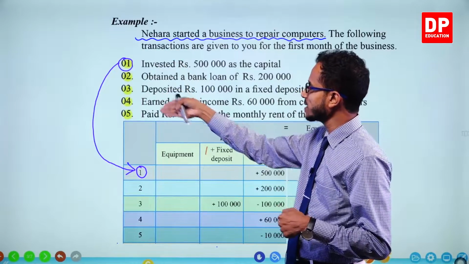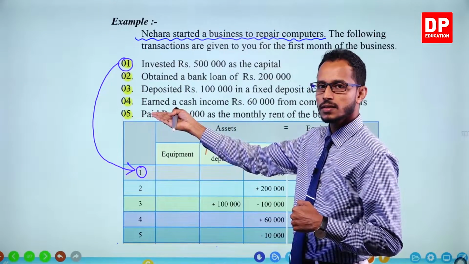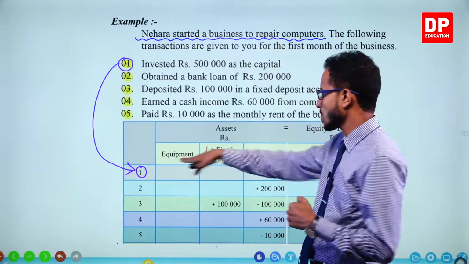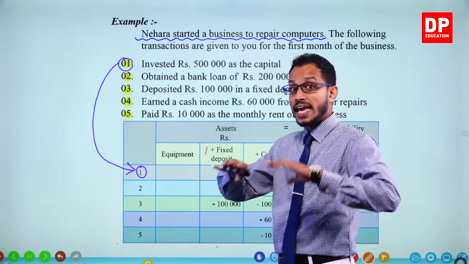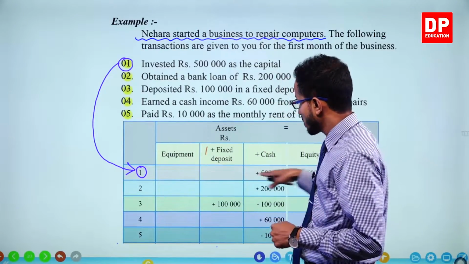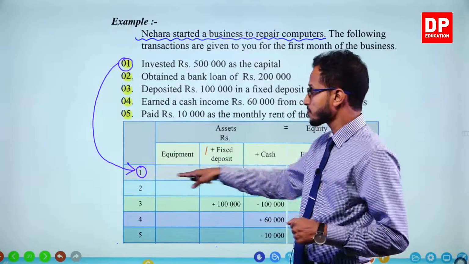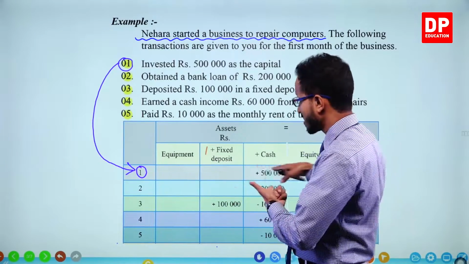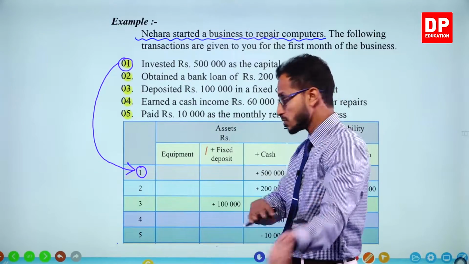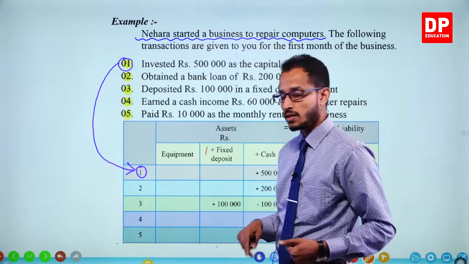They could give a similar table on the paper itself. If the paper has not given you a fixed table to record these transactions, you must draw a similar table.